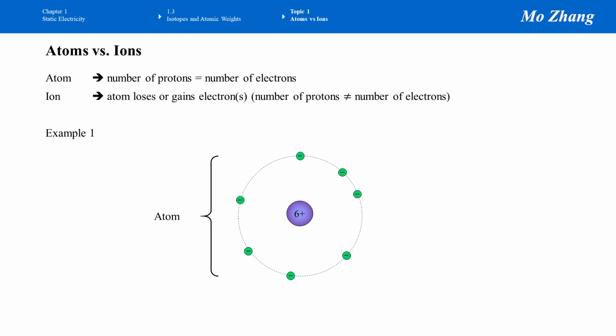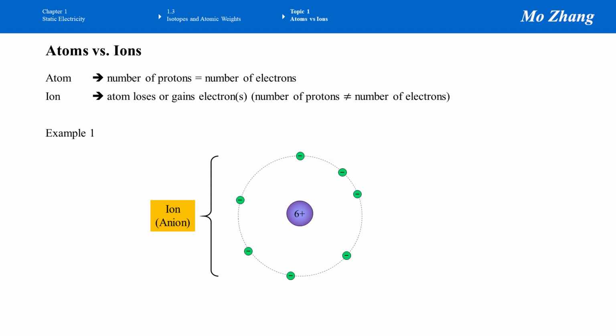The entire system has 1 extra electron. Therefore, this is not an atom anymore. It is an ion. Since the system has 1 extra electron, the net charge is negative. This ion is called an anion. The net charge for this anion is -1.